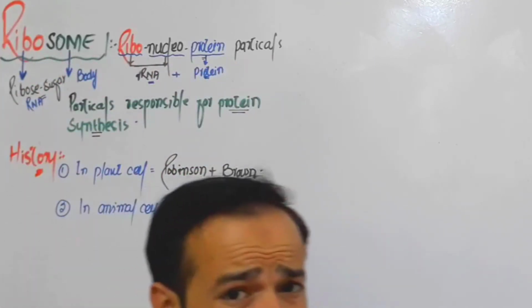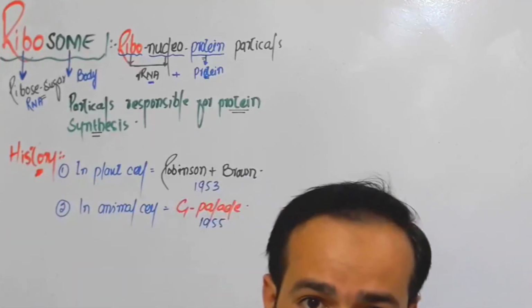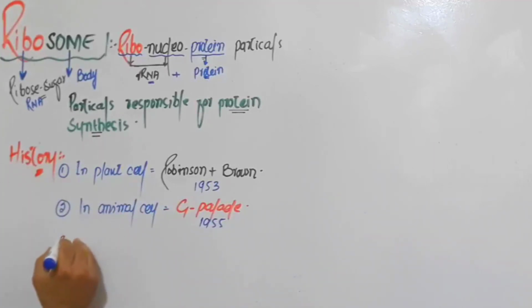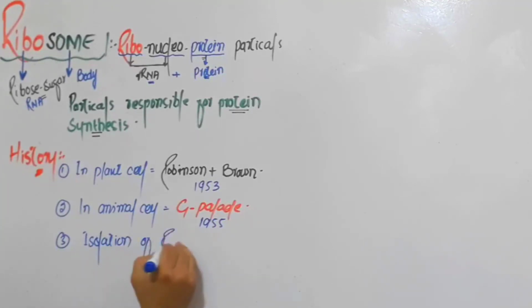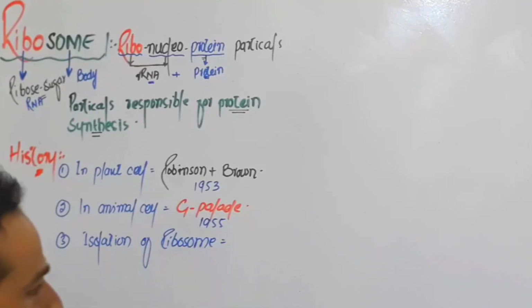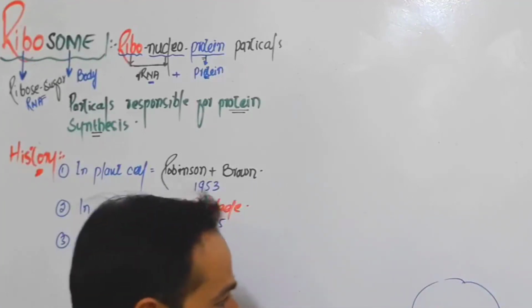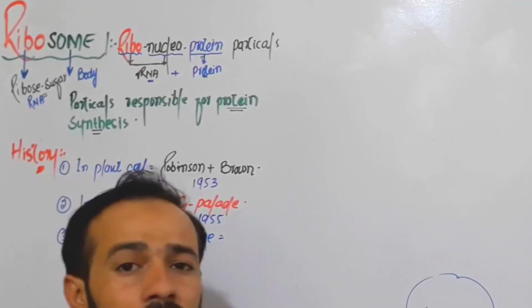And who was the person who first of all separated ribosome from the cytoplasm? Separated means isolated, right? So the third personality who isolated, right? So I'll write isolation of ribosome for the first time. Isolation means if we have here cytoplasm and here we have ribosome, so who was the first person who separated ribosome from the cytoplasm?